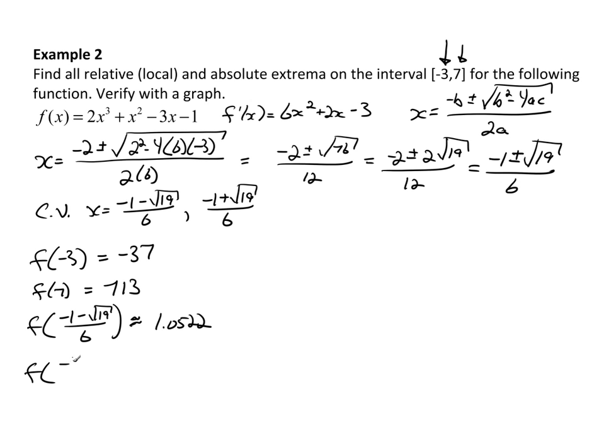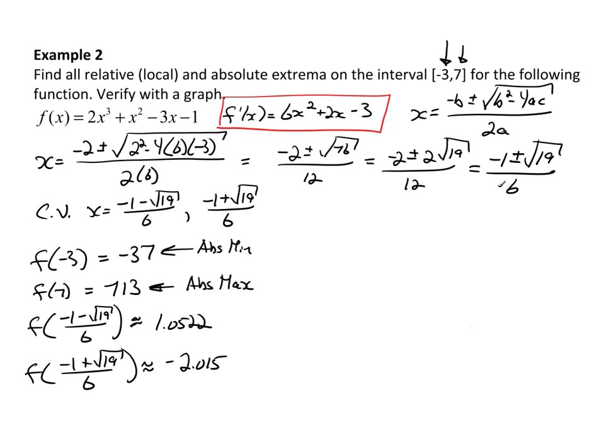And f of negative 1 plus root 19 over 6, again with a calculator, is approximately negative 2.015. So here's my absolute min. Here's my absolute max. And now I need to figure out whether these candidates for local mins and maxes really are local mins and maxes or not.